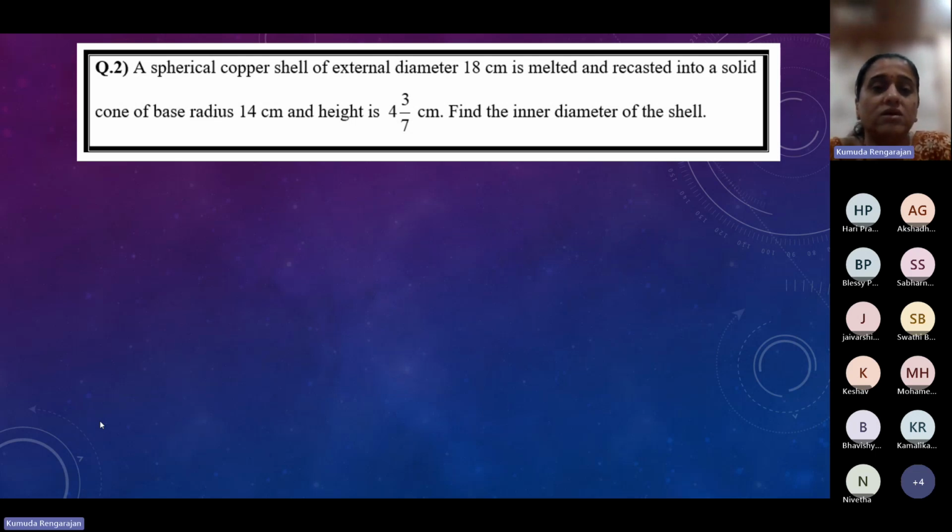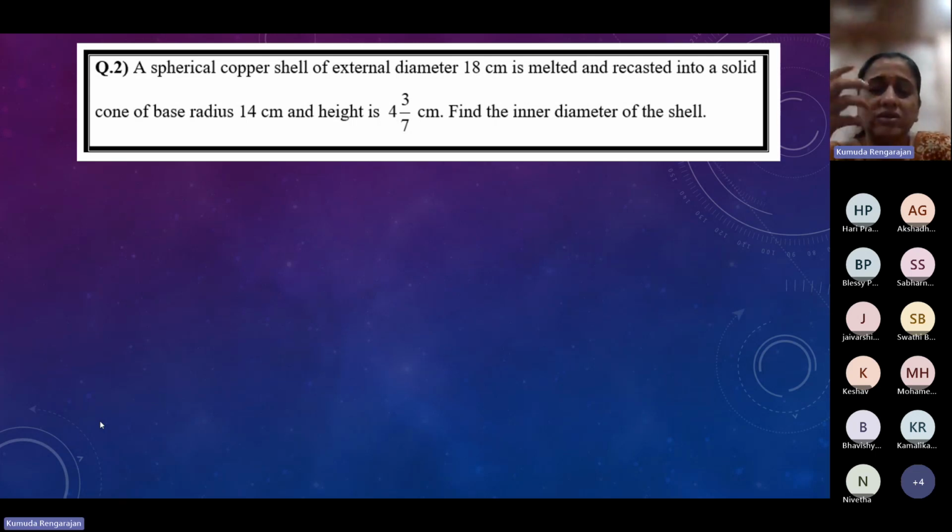So this is a spherical shell where we have two radii or diameters. For this shell, we have the inner radius or inner diameter, and the outer radius, outer diameter, which means it's something like a coconut, right?